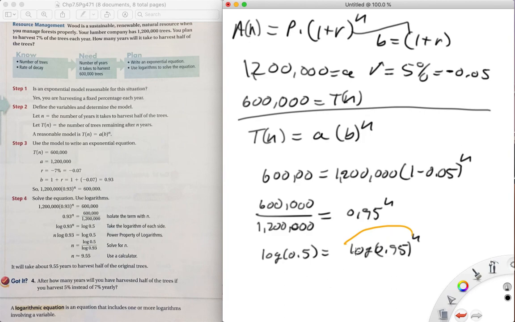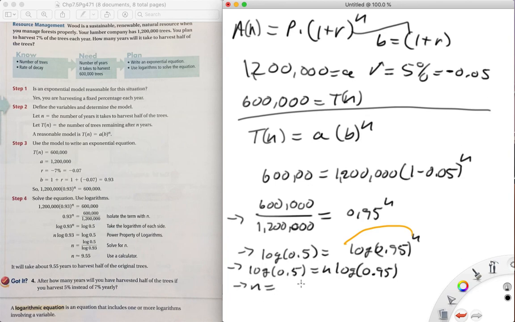And when the n drops up front, we're going to have log 0.5 equals n log 0.95.